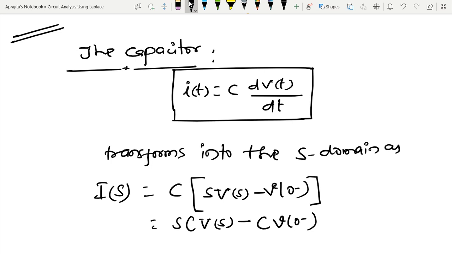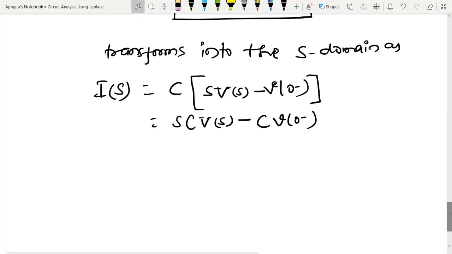So now again I am going to interpret this circuit in the S domain.